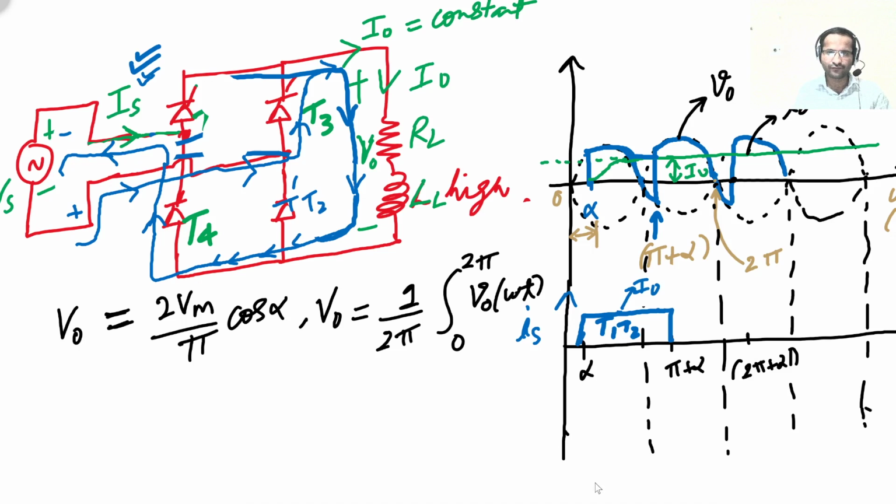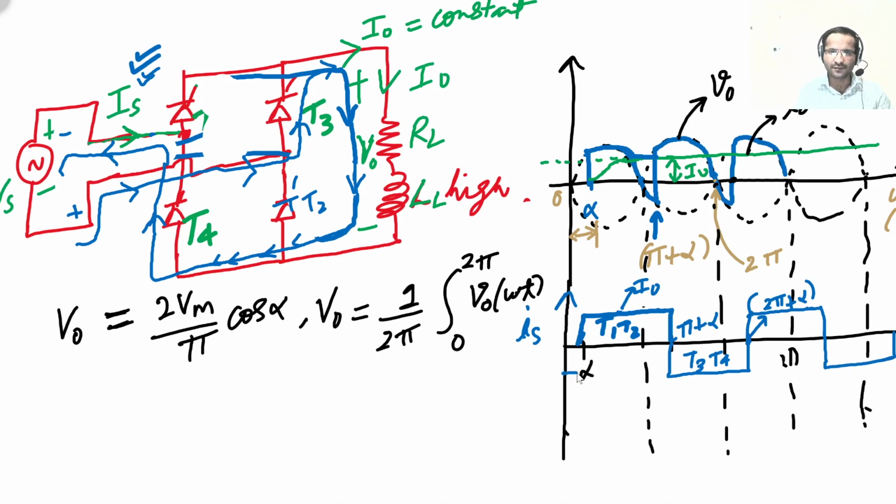So here we can draw again this source current. This is pi, this is pi plus alpha, this is 2 pi plus alpha. In this duration T3 and T4 conduct, and so on. If we plot the remaining portion of the source current, it will look like this.